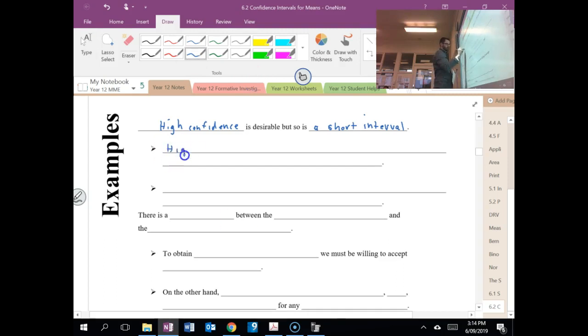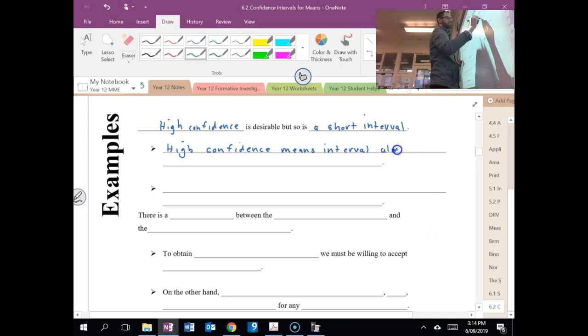If we've got high confidence, then that means the interval is almost always capturing the population mean.